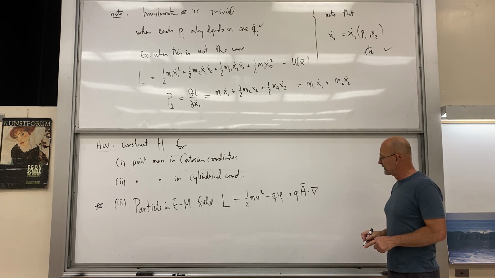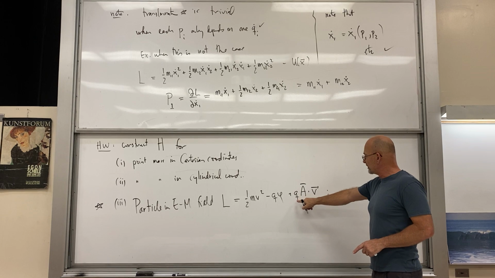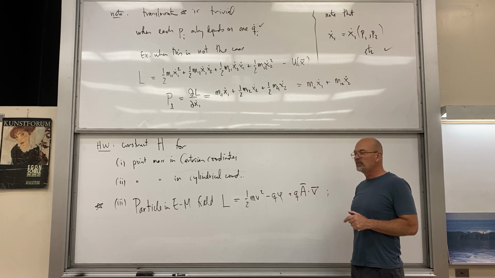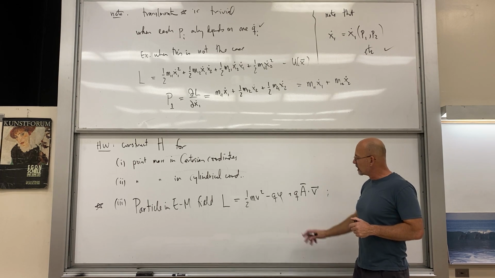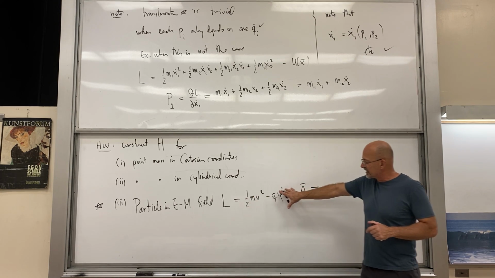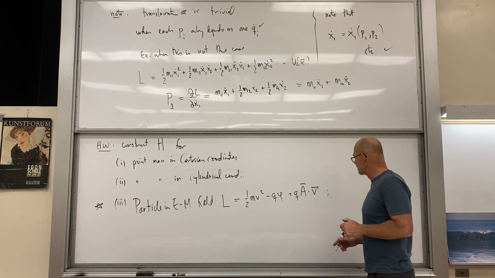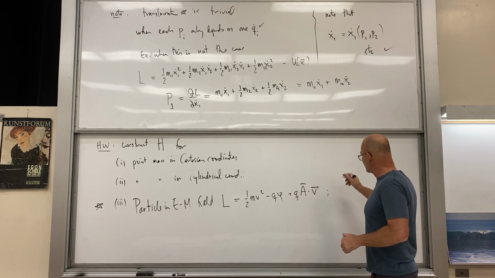So we did this one before, and remember the assignment we did was to show that the Euler-Lagrange equations for this give us the electric and magnetic forces on a point particle. So I'm going to repeat all that.